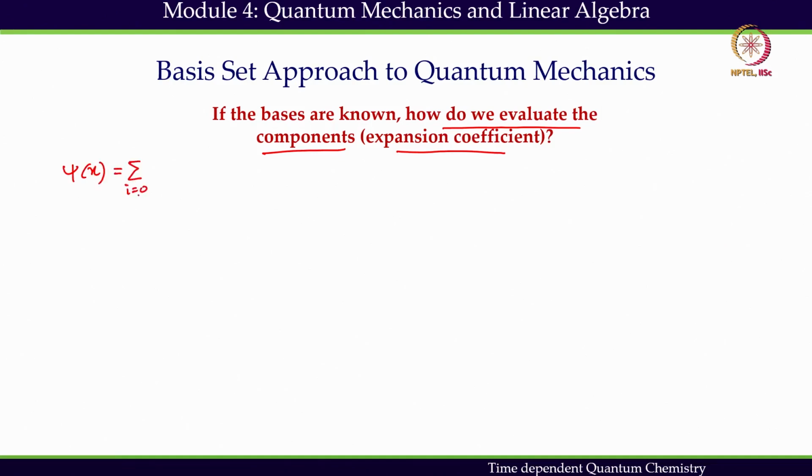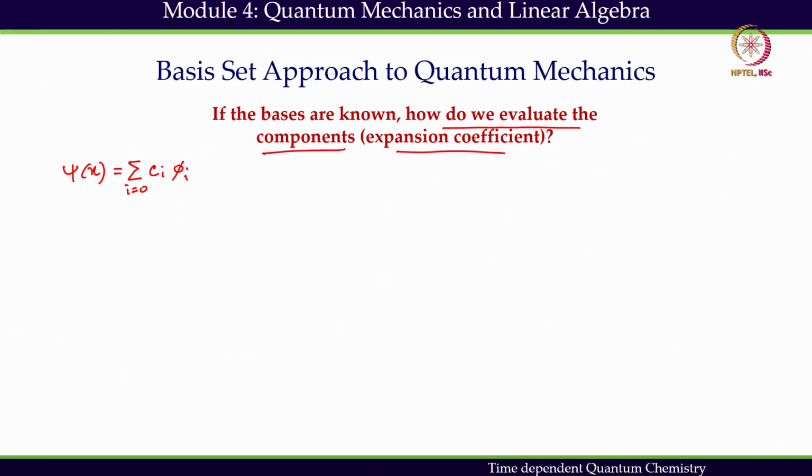I am not writing here n or infinity, because it is all equivalent now, because we have said that the infinite Hilbert space and the reduced Hilbert space will give me the same properties, and rigorous mathematics can be used to prove that, and we will not get into those detailed mathematics. We will just move forward with this demonstration. How do I get this Ci if the basis is known?